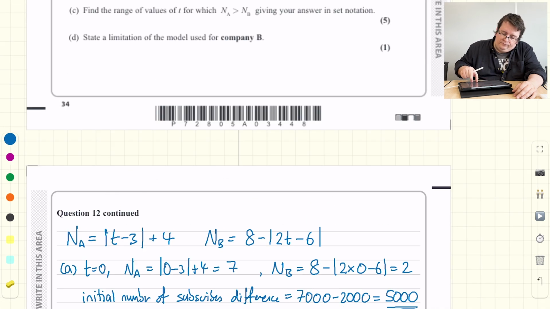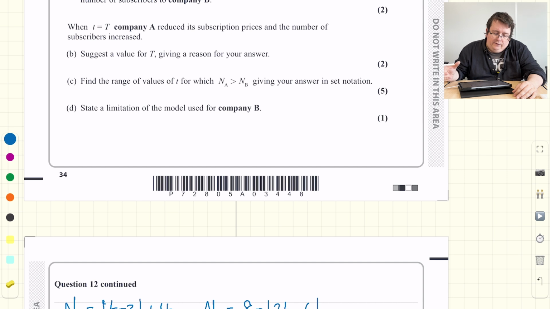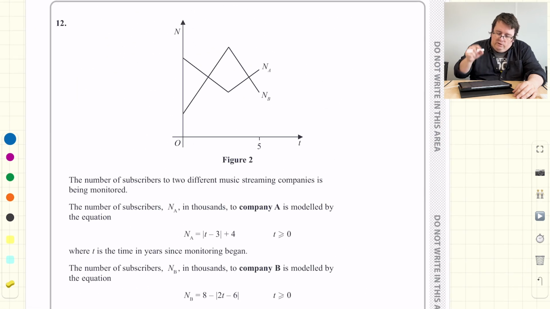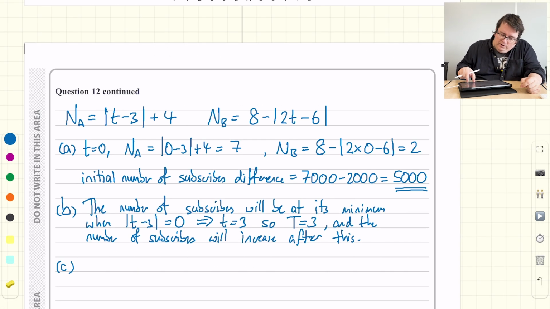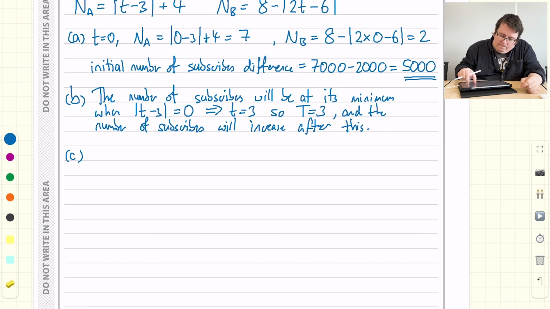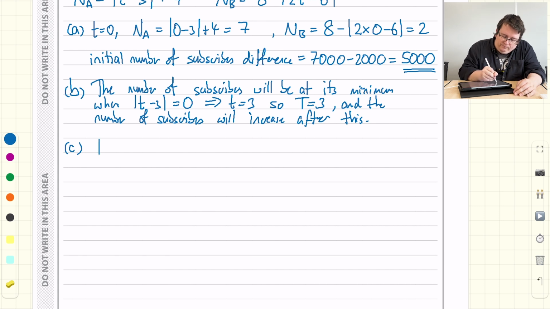Okay, so part C, find the range of values of t for which NA is greater than NB, giving your answer in set notation. Okay, so what I'm going to do is create a small copy of that diagram so we can visualize what's going on here.